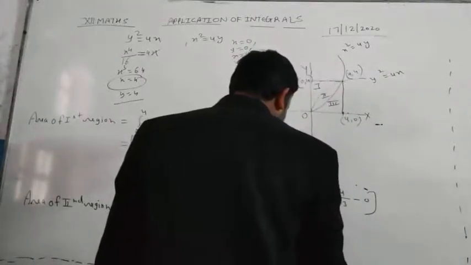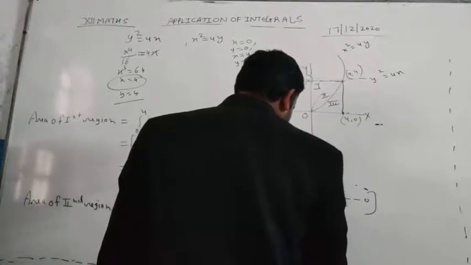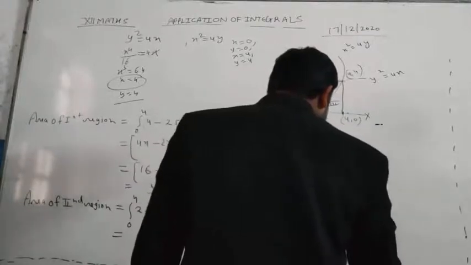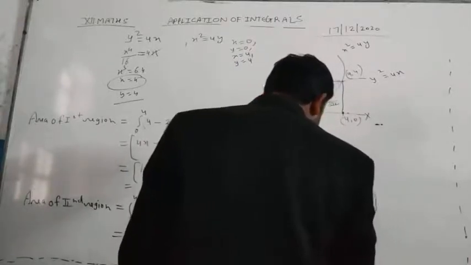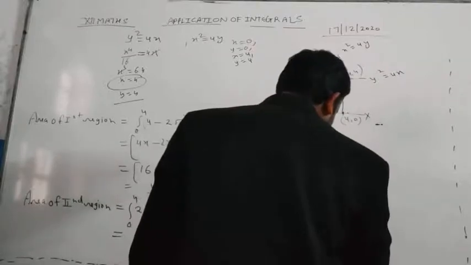Now we get 32 by 3 minus 16 by 3. So again we are getting, student, 16 by 3 square unit.